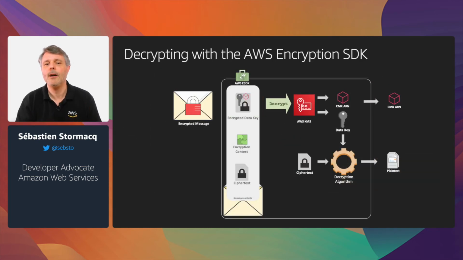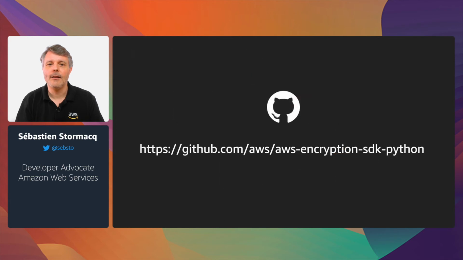You give the envelope, and the SDK will open the envelope, access the data key, decrypt your document, and give you access to your plain text document. So where can you get that encryption SDK? It's easy. It's on the AWS GitHub, github.com/aws, for Python, Java, JavaScript, or C.